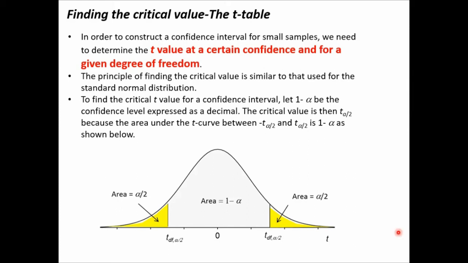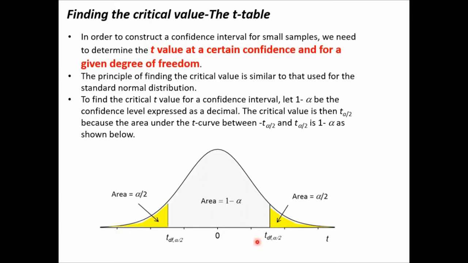You can see here that we have a more or less normal distribution, which is the t distribution in this case. The area in the middle here is the area of confidence, or the confidence level. It can be 95 or 99%. And the outside areas to the right and the left represent the risk that we will take in our estimation.